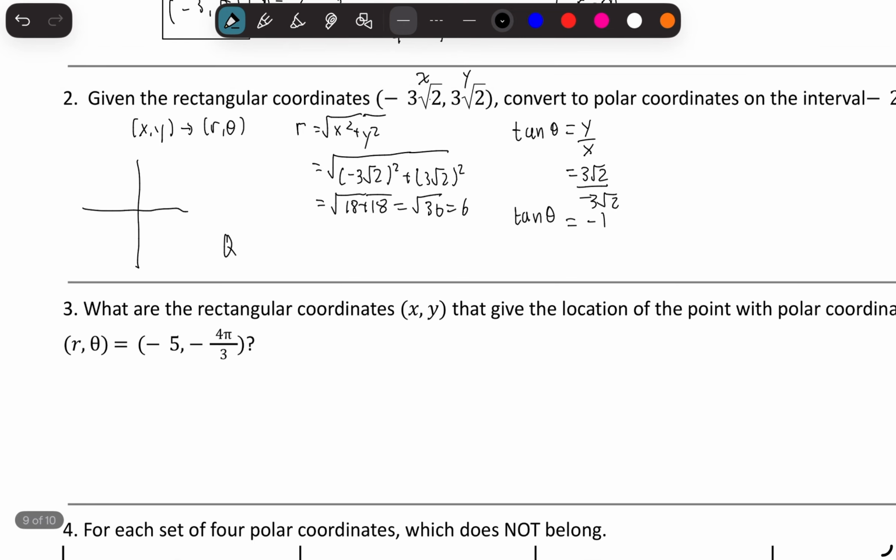So when you have a negative x but a positive y, that's going to land you in Q2. So that's -3 root 2, and you have a 3 root 2. It's going to land you somewhere over there with your x, your y, and then this is going to be your r.